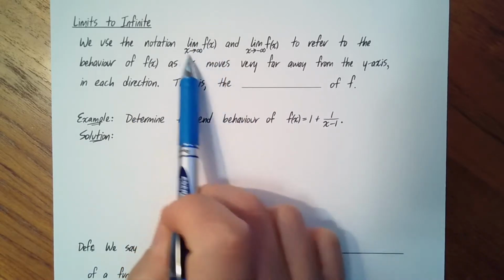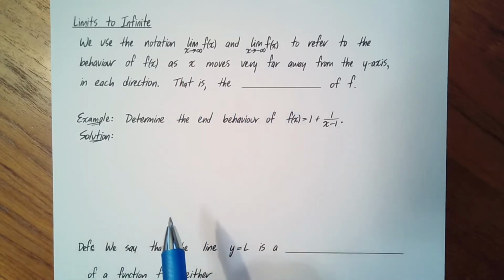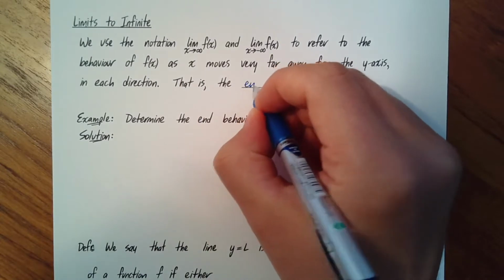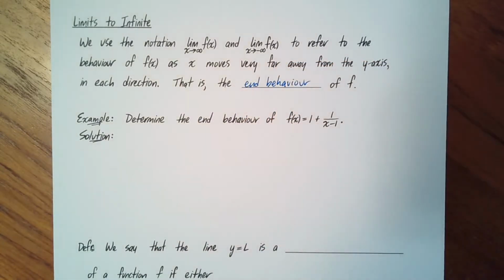This one describes the behavior to the right, and this one describes the behavior to the left. And you might hear some people refer to this as the end behavior of the function, so that's what we'll put here. So that is the end behavior of f. What happens to the output value of the function as x gets very, very far from the origin?